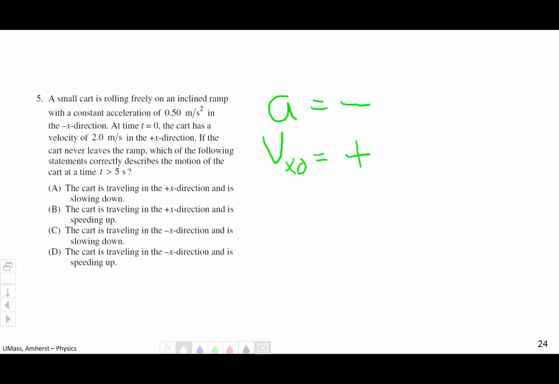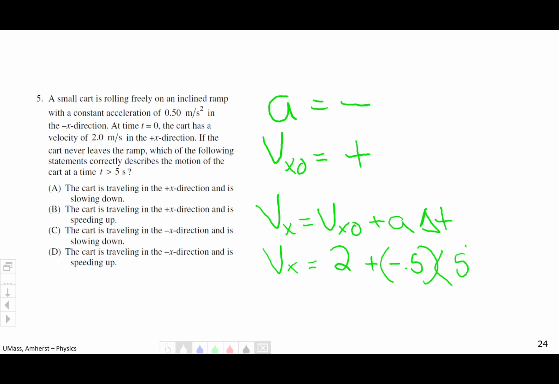If the cart never leaves the ramp, which of the following statements correctly describes the motion of the cart at time t greater than 5? So in 5 seconds, we know that Vx equals Vx0 plus a delta t. So our V final is going to be 2 plus negative 0.5 times 5.